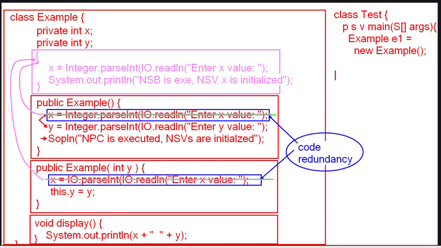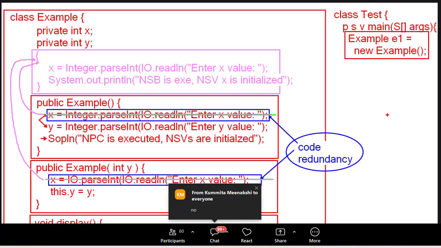How long will you look at my face and the screen? Did I call any member in this line? That is the question I asked. Did I call any member from the class Example? No? I didn't call any member.